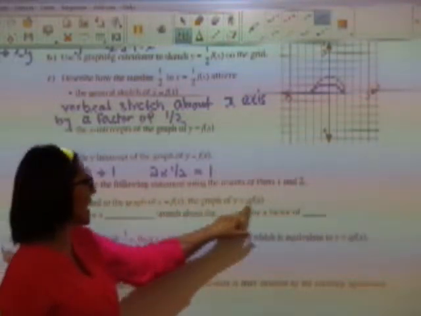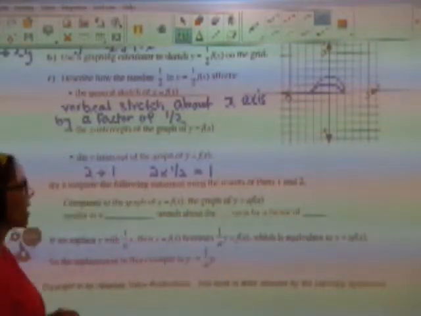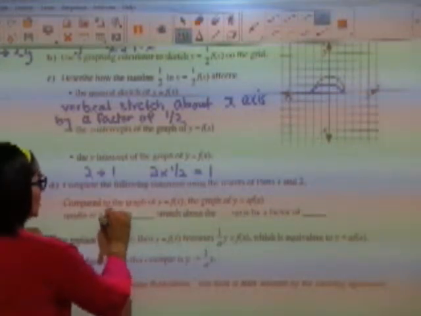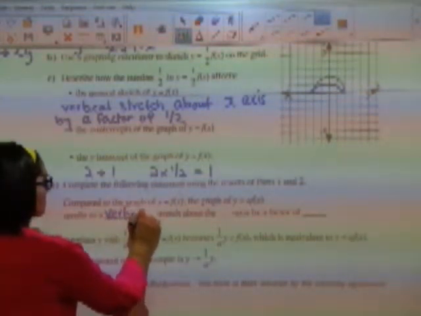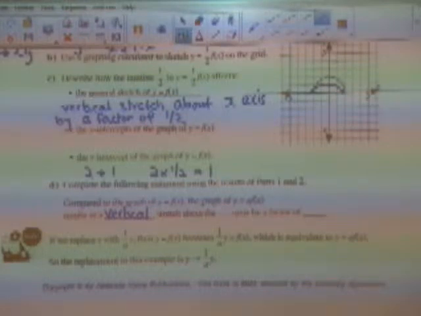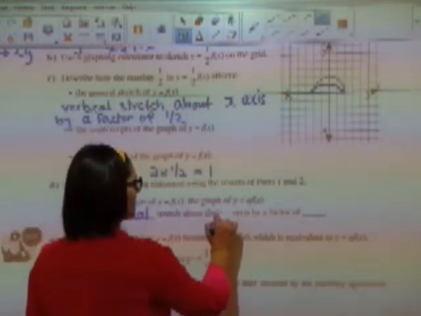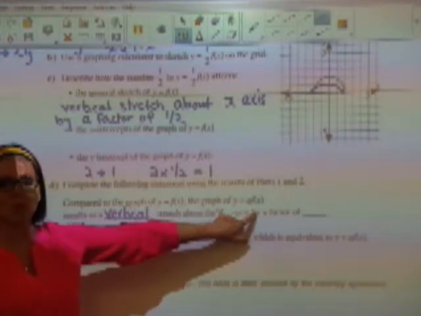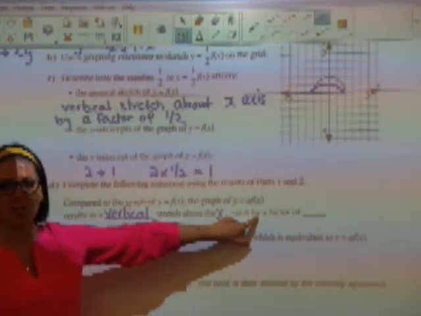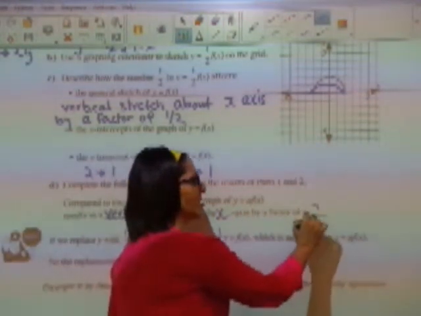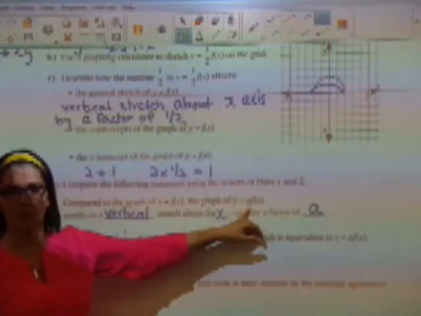So if we complete the following statements, compared to the graph of y equals f of x, the graph of y equals a times f of x results in a vertical stretch about the x-axis. And because a has been moved over to the right-hand side of the equation, the factor matches that value.